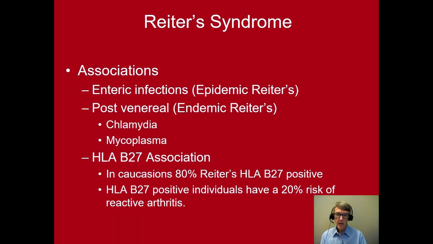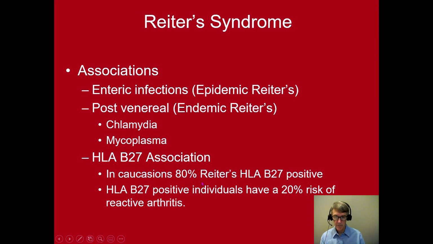We talked about how infections can set off arthritis when we talked about the pathophysiology of the disease. There's lots of different infections that can, and these are some of them. Enteric infections, which we would call epidemic Reiter syndrome, and post-venereal or endemic, and that was things such as chlamydia and mycoplasma. There's a definite HLA-B27 association.